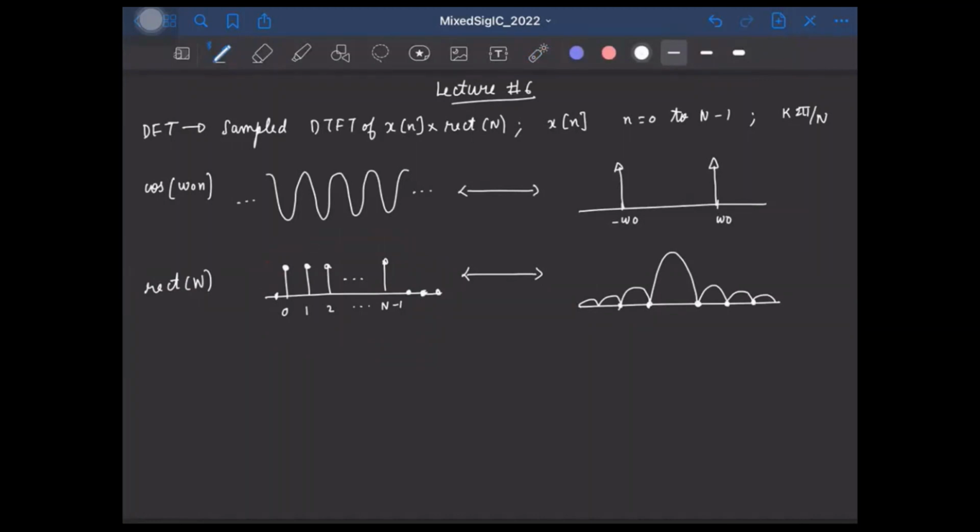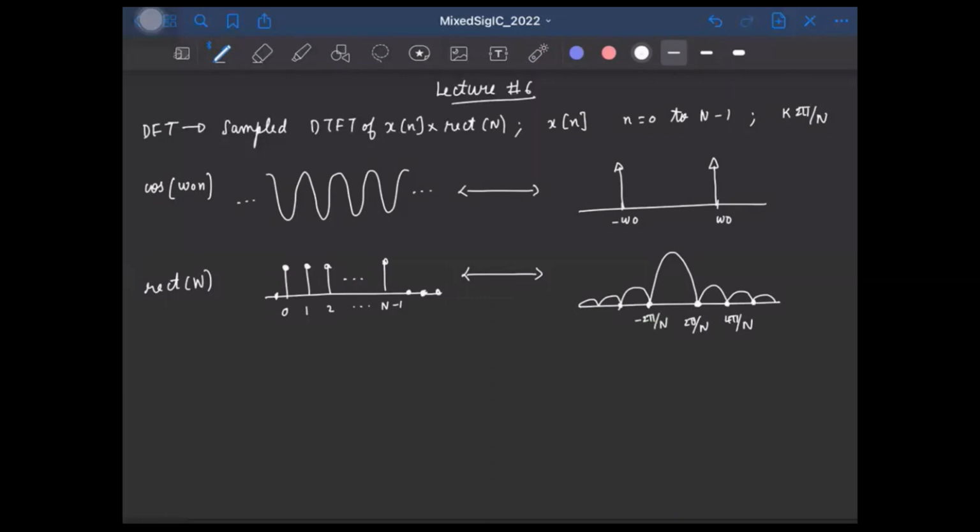So any sinusoid which, when integrated over N samples, gives zero defines these frequencies, right? And what are those sinusoids? Well, any sinusoid that completes an integer number of cycles within these N samples will give 0 when integrated, right? So the minimum frequency will be 2 pi by N. The second frequency will be 4 pi by N, and so on.